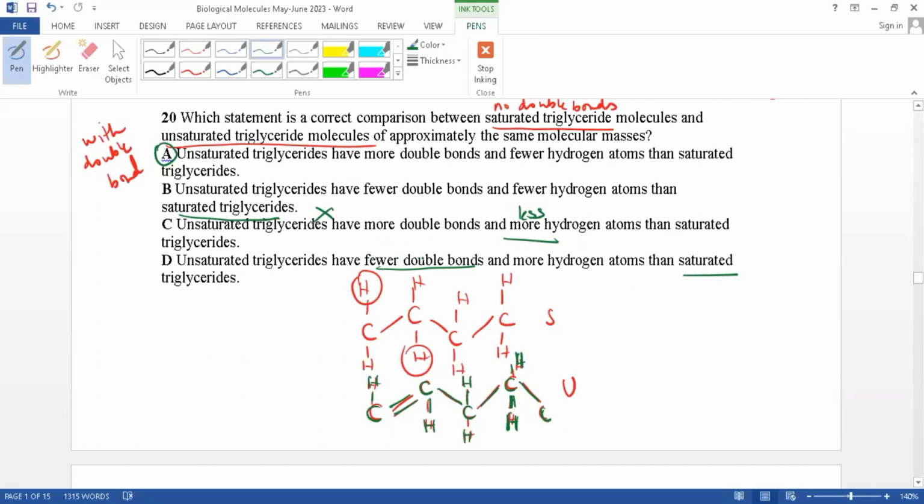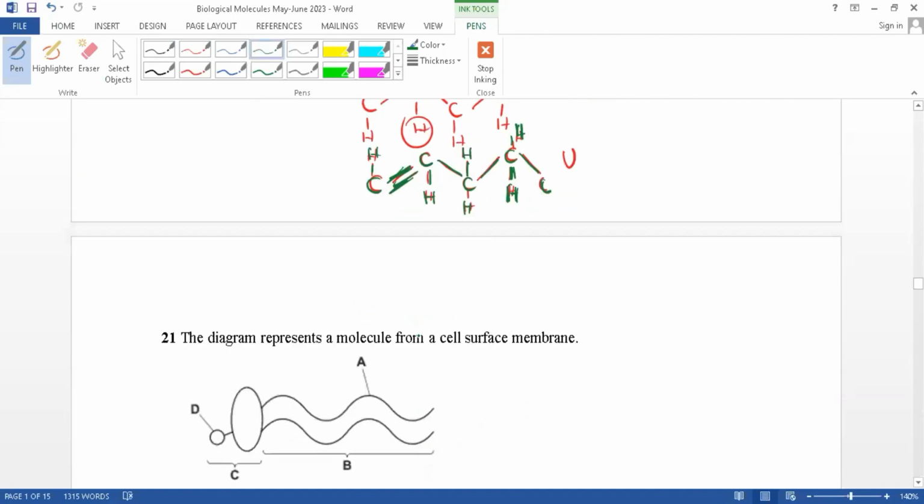So there's no comparison of more and fewer in number of double bonds, because the one which is unsaturated has double bonds, and the one which is saturated does not have double bonds. A is the correct answer.